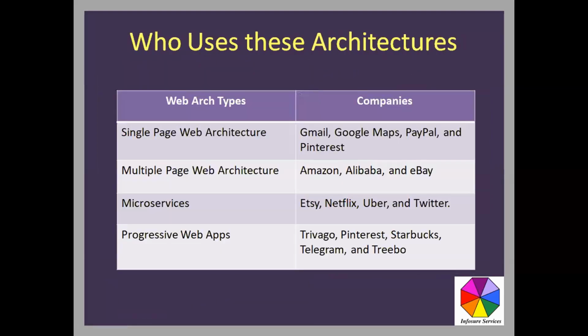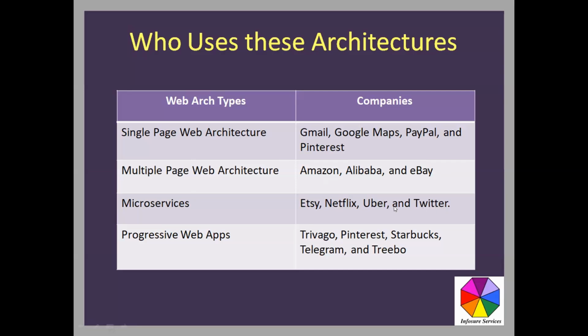So let's see who uses these architectures. Today, single page web architecture is used by companies like Gmail, Google Maps, PayPal, Pinterest for their web development and deployment. Multi-page is used by e-commerce companies like Amazon, Alibaba, and eBay. Microservice architecture is used by Netflix, Etsy, Uber, and Twitter.